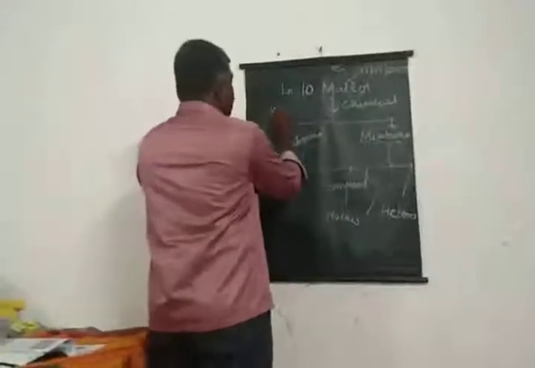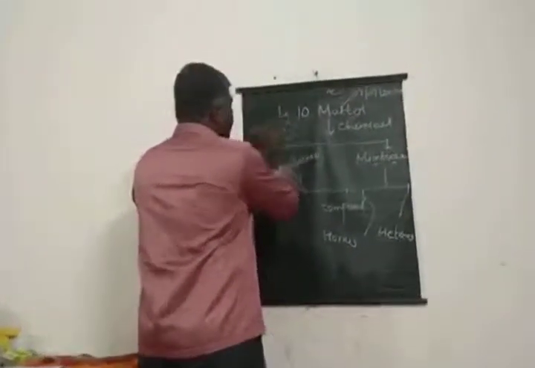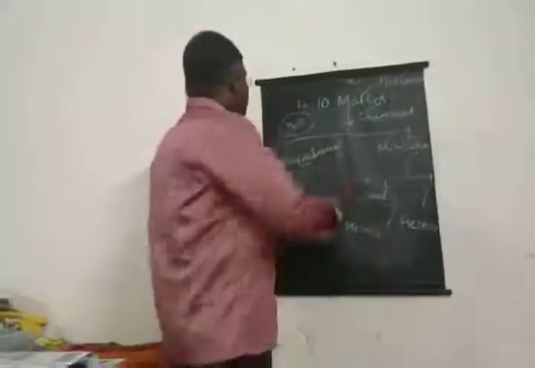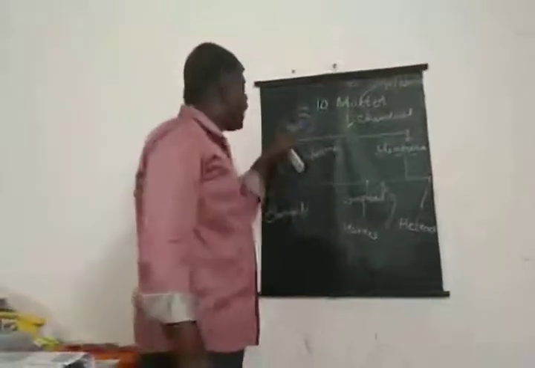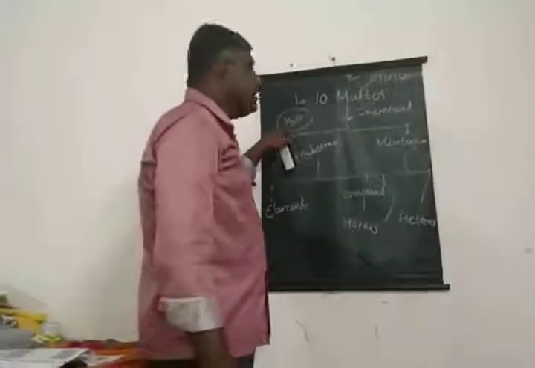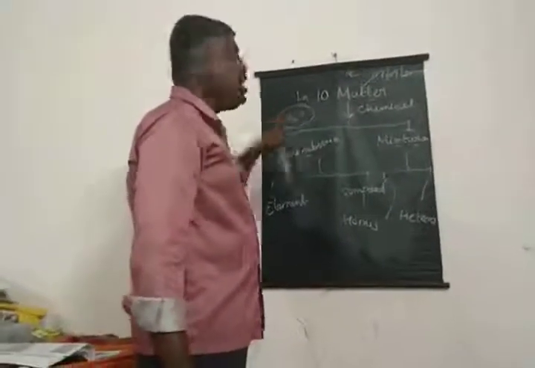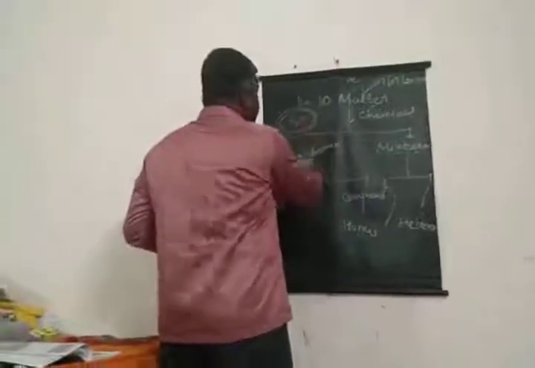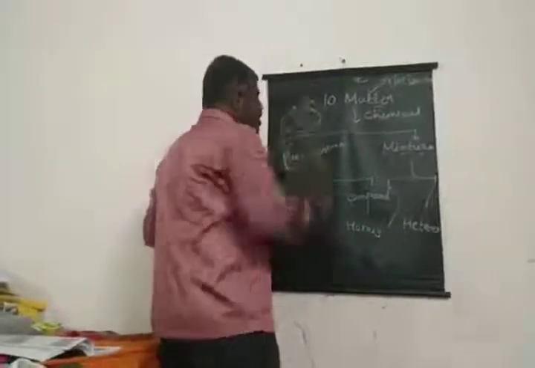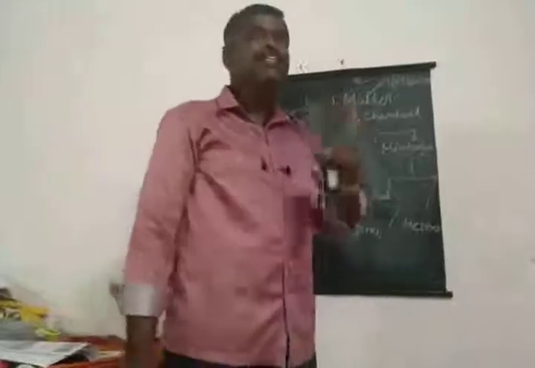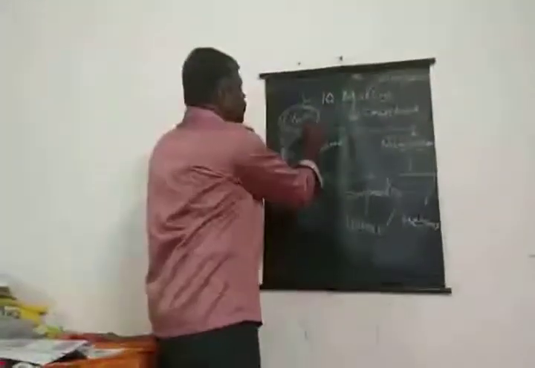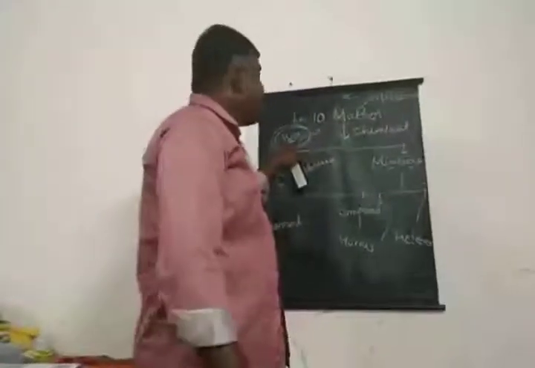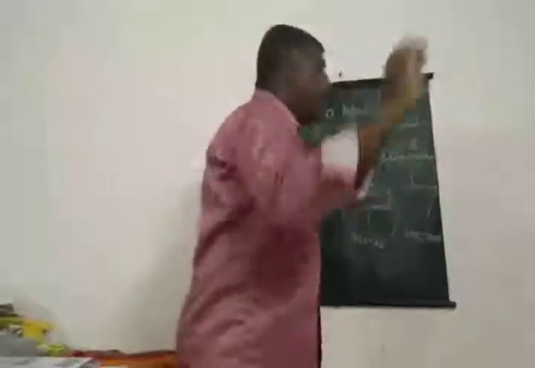For example, if you take water, what elements are present in water? Hydrogen and oxygen. How many atoms are present in water? Three: two hydrogen atoms and one oxygen atom. In what way do hydrogen and oxygen combine to give water? That is called a fixed ratio by mass.